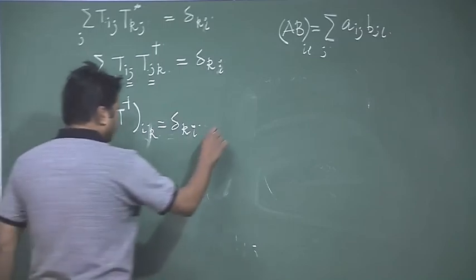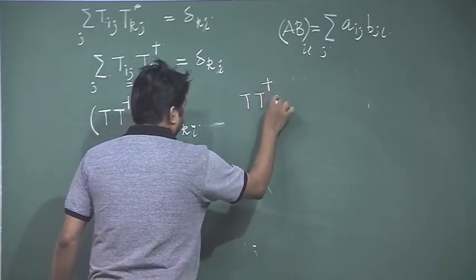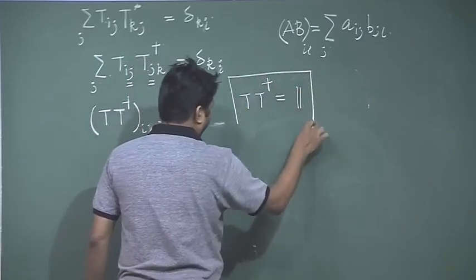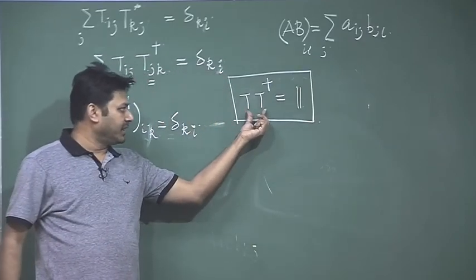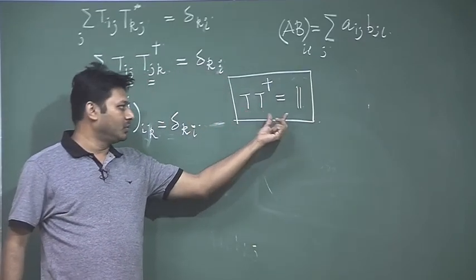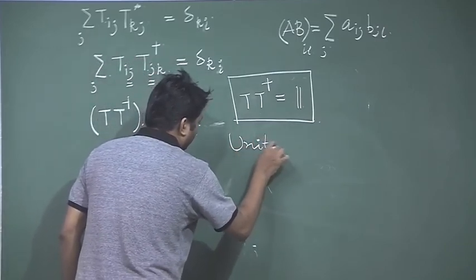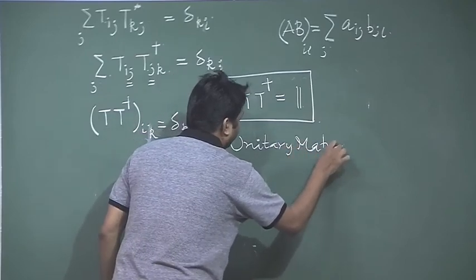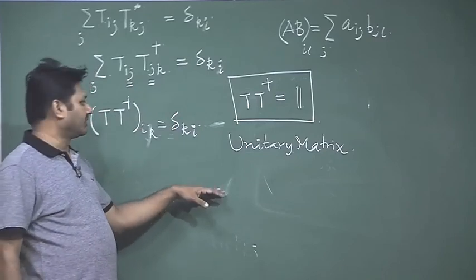So that means T T dagger is nothing but unity. A matrix multiplied by the dagger of that matrix giving you 1 is called a unitary matrix. This is called a unitary matrix, and this transformation has to be a unitary transformation.